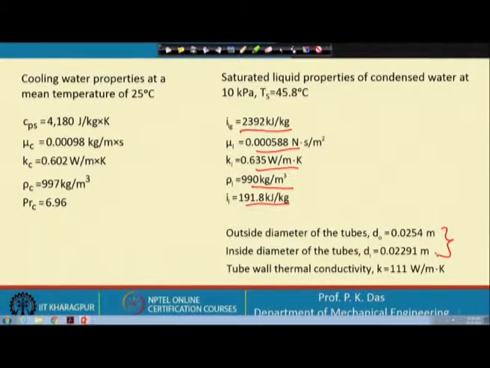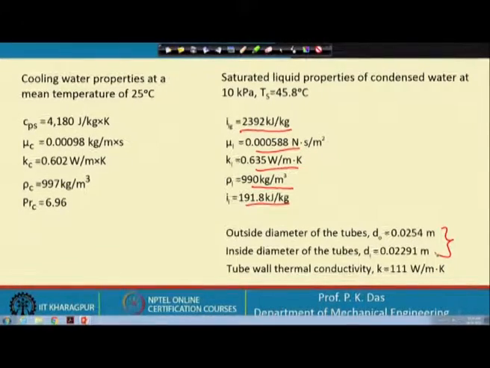So, here we have considered the inside and outside diameter of the tube. Sometimes it happens like this, that these are the tubes which are generally manufactured for this kind of heat exchanger. So, we have got limited selection and sometimes the designer uses his intuition and experience for selecting certain parameters.